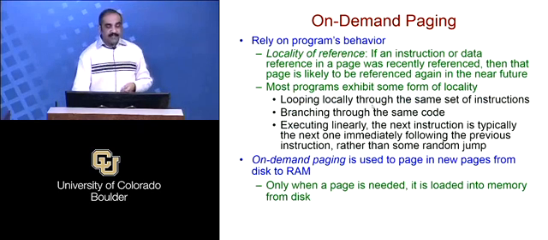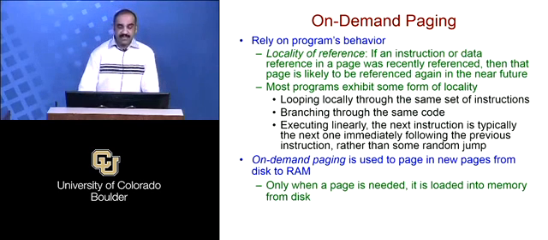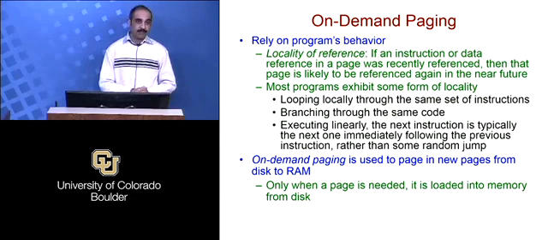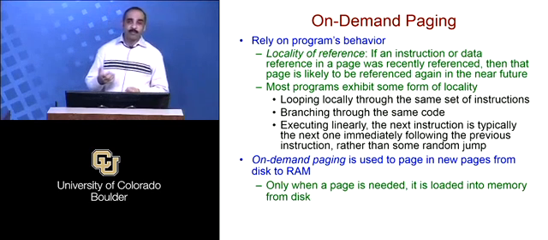So this is where the principle of locality of reference comes in, okay, which basically is an empirical observation, which says basically that if an instruction or data reference in a page was recently referenced, so if you have looked at a page very recently, okay, then the page is likely to be referenced again in the near future. Okay, and the intuition is pretty clear here.